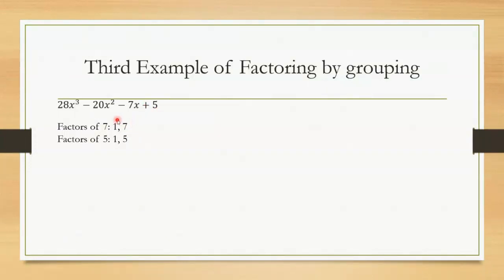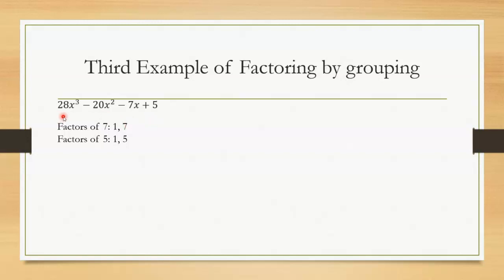Well, that tells you right away that the only factor in common to all the numbers has to be 1. So since 1 is the only common factor of 7 and 5, it can only be the common factor of all the numbers, the coefficients and the constant term.